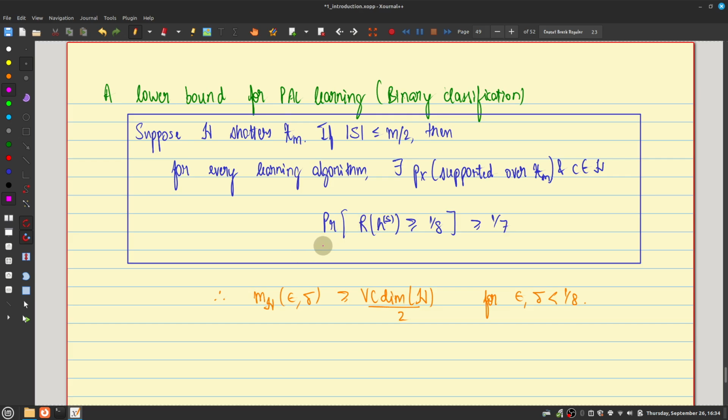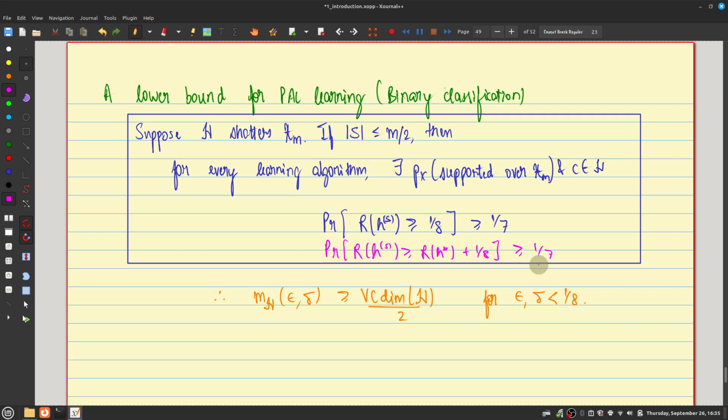Right. So in general, for agnostic PAC learning, the probability that R of hS is greater than or equal to R of h star, the best possible generalization error within the class, plus 1 by 8 is going to be greater than or equal to 1 by 7 for some PXY.